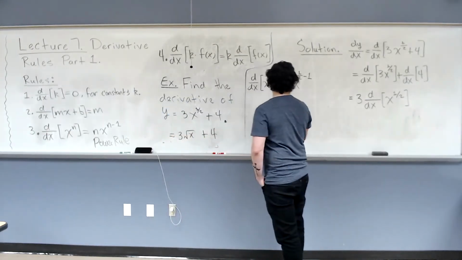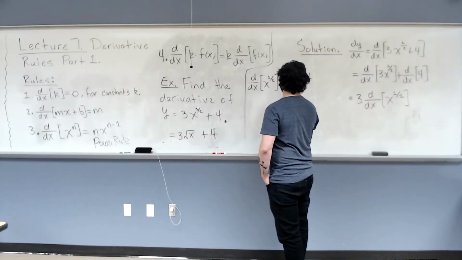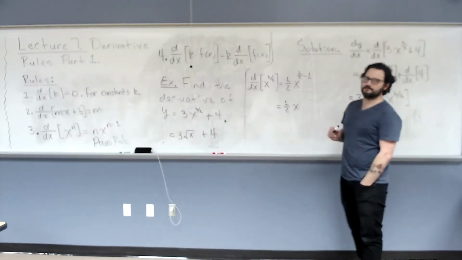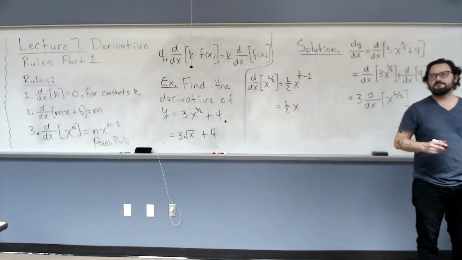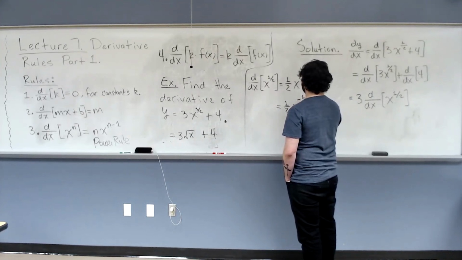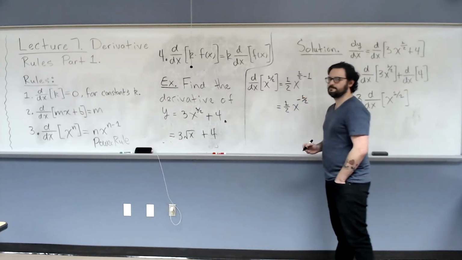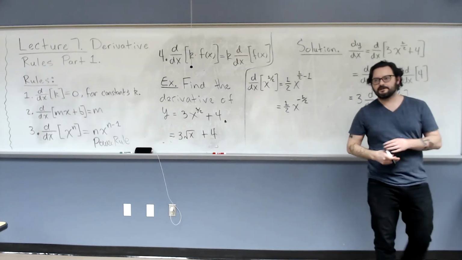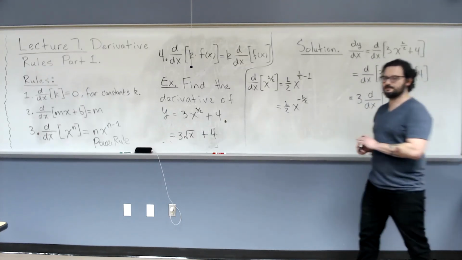So then, what does this become? 1/2 minus 1 is what? Negative 1/2. Anytime you have a negative exponent, you can do what? You can write the reciprocal of it, correct?